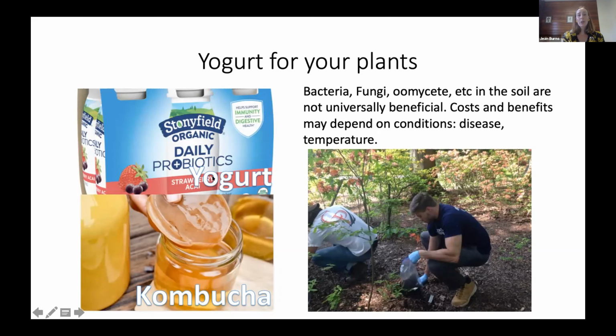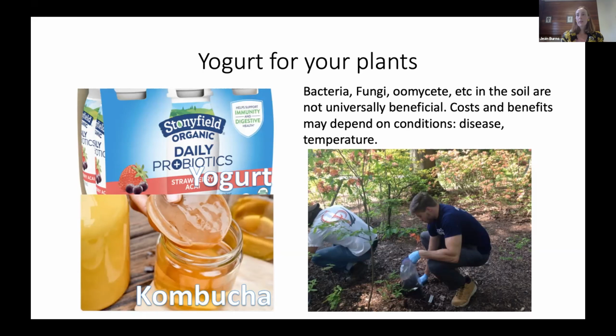And the purveyors of probiotics, like people who sell you yogurt and kombucha, certainly like to trade on this to tell us we should be eating probiotics to enhance health outcomes. And that seems like a great idea. If you could translate that for plant systems, if you could provide plants with a probiotic product that enhanced their plant health and maybe even enhanced protection against disease and mortality from disease, that would be tremendous.